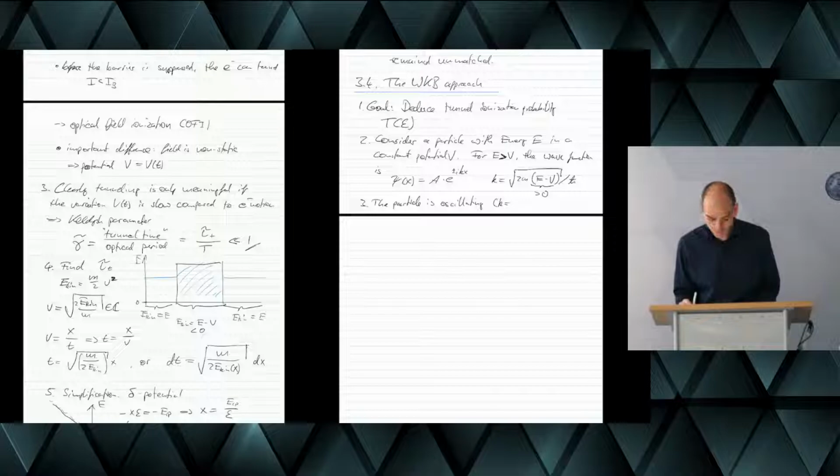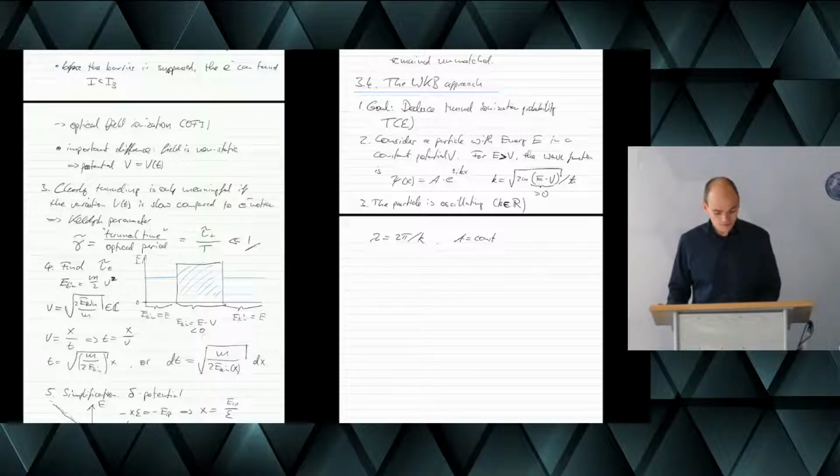This is because K, the wave vector, if you think of a light wave, is real. And the wavelength is, of course, 2 pi over K. And the amplitude is constant because the potential is constant, yes?